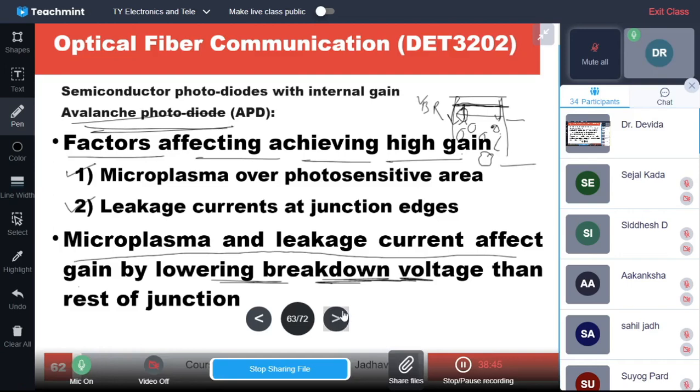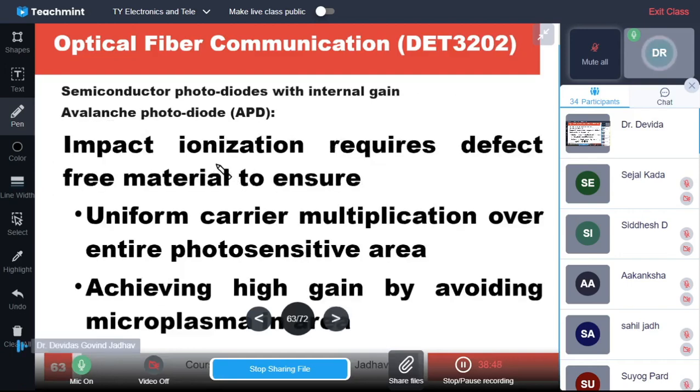So impact ionization requires defect-free material to ensure uniform carrier multiplication over the entire photosensitive area.